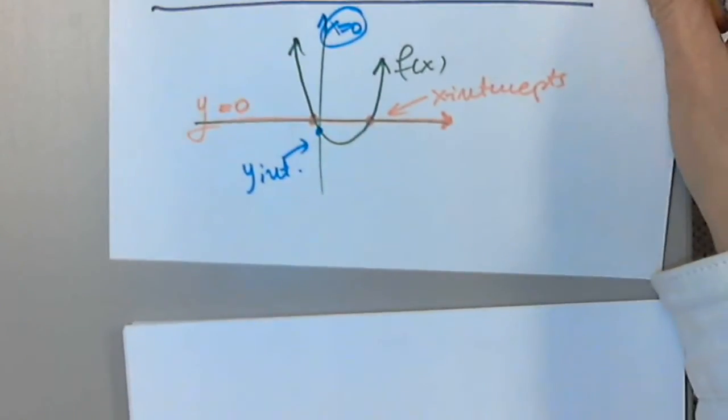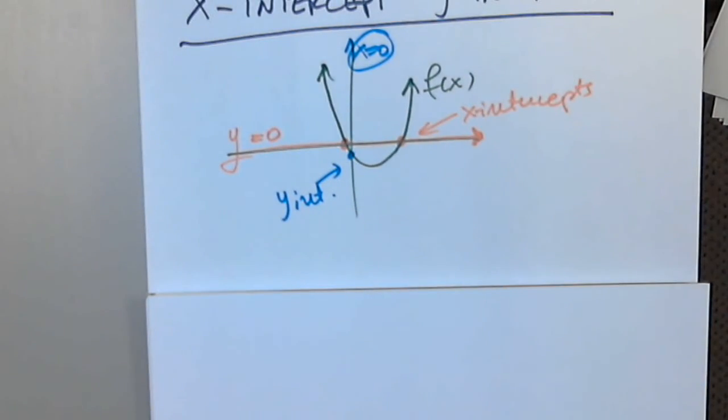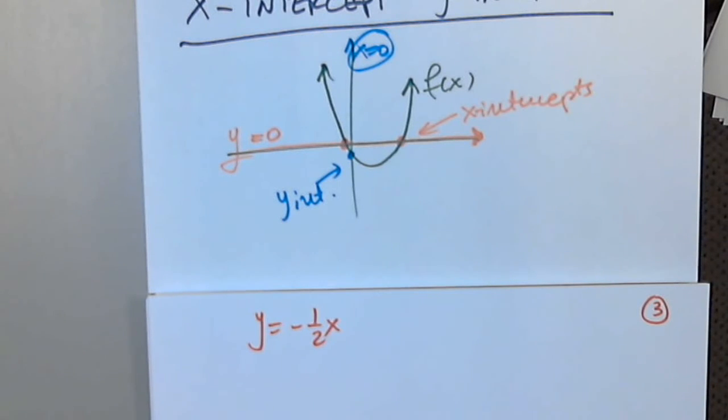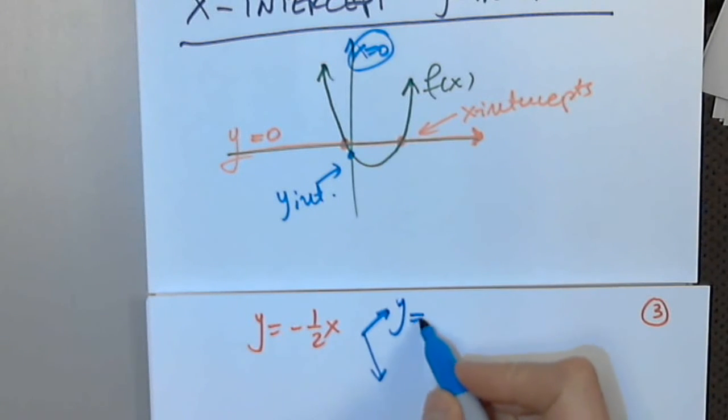So how do I determine the x-intercept again? I have y equals negative 1/2 x. How do I determine the x-intercept again? I make y equals 0. Perfect.